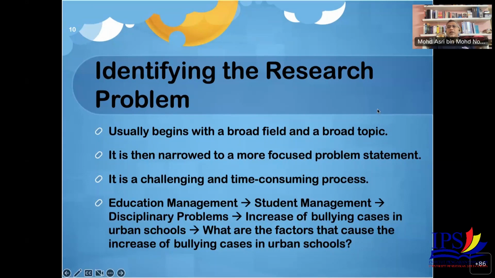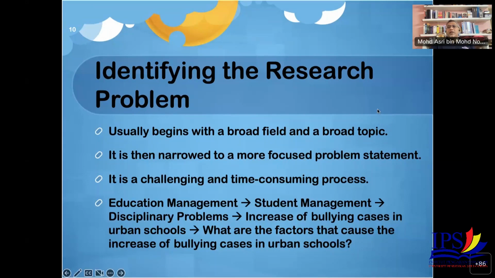I'm sharing with you an example of how we can narrow the focus of our problem statement. It is a time-consuming process. It is not simple, and it is quite challenging actually. But well, you have to do it.